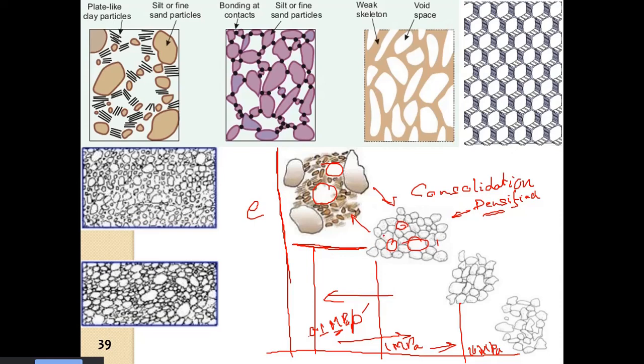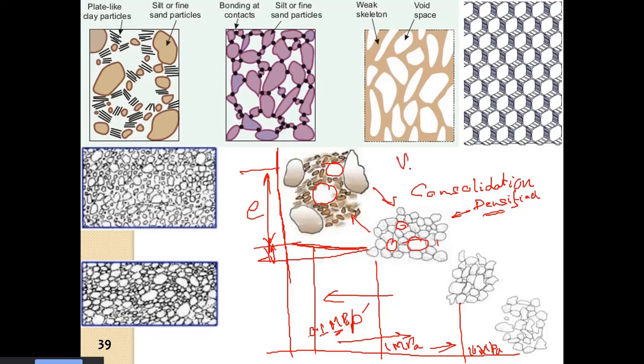So the particles will increase by a small amount, and we will recover the volume by that amount. But the majority of the volume, the void ratio, has already been reduced. So the void ratio is reduced.